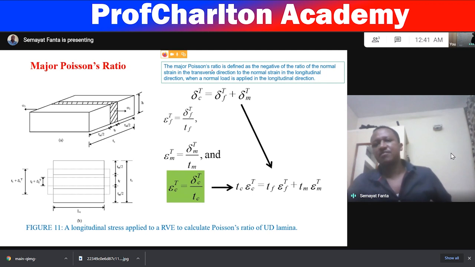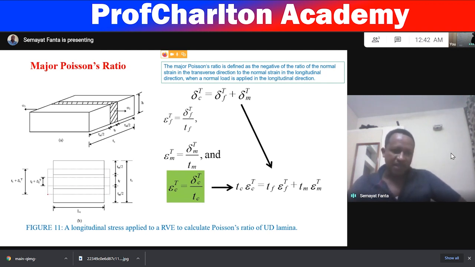So a major Poisson ratio is defined as the negative ratio of normal strain in the transverse direction to the normal strain in the longitudinal direction when normal load is applied in the longitudinal direction. You see here, sigma 1 is applied in the longitudinal direction. When this force is applied, we can find the change in length, a positive change in dimension.